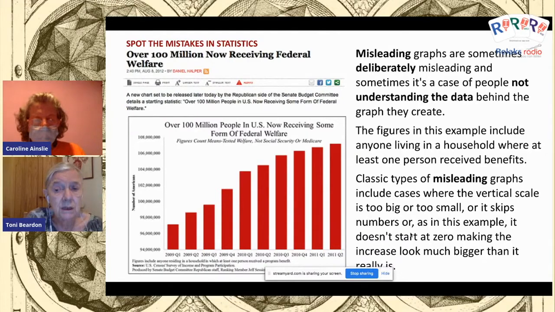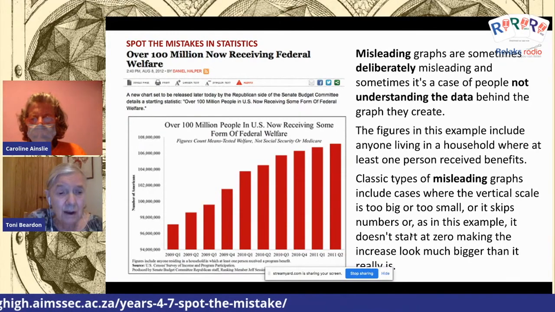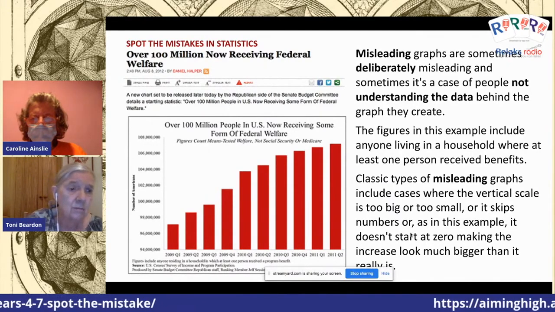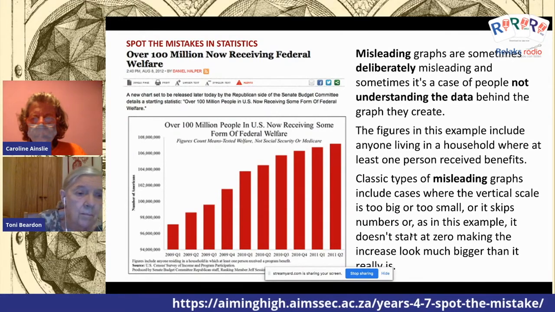But that is misleading, because actually you've increased from about 97 million to 107 million. And although it is quite a big increase, it isn't as big as that makes it look. The graph makes you think there's bigger growth than is actually true by not starting at zero on the axis on the left, the vertical axis, which gives you the number of people.